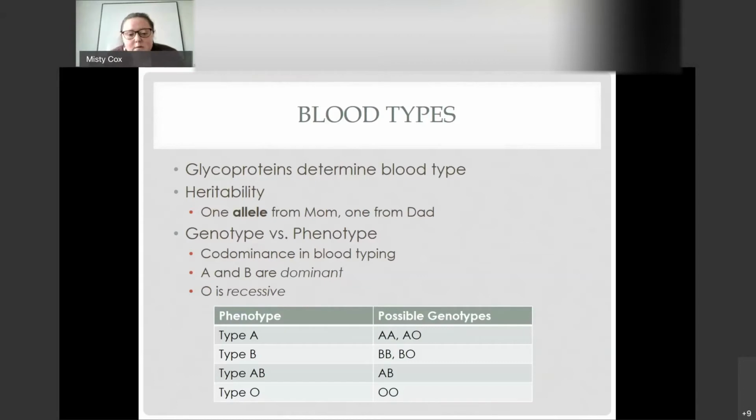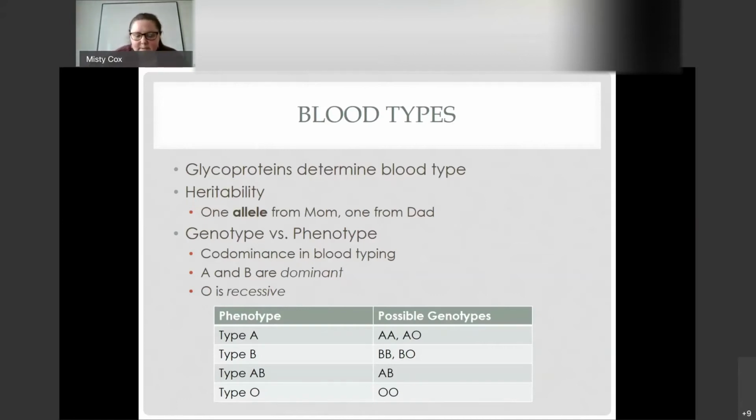And then there's also what's called codominance in blood typing. Codominance, which you might think of as co-presidents, means you both show up. You're both in that role. And that is what type AB blood is. You get an A, you get a B, they're both dominant and they both show up.